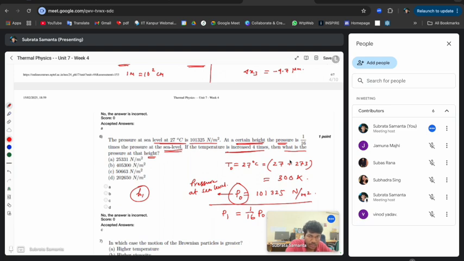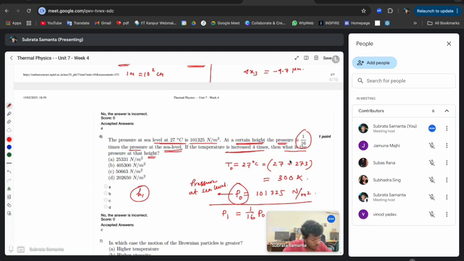It's already given that at the height H1, the pressure is P naught over 16 from the sea level. But now if the temperature increases 4 times, then what is the change of pressure at that height? So is the question clear?